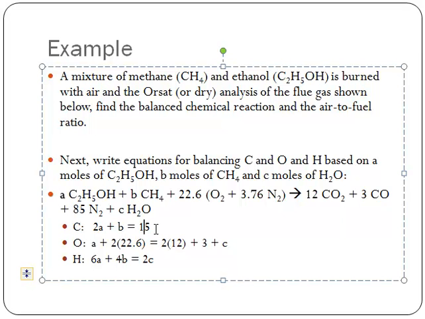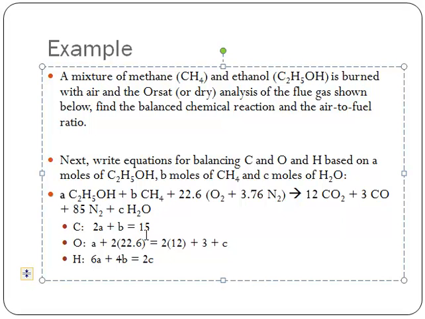So I have this as one equation. I also can balance my oxygen. I have 1 times A, 0 times B. Here oxygen appears twice, so 2 times the 22.6. On this side I have 2 times 12, and 3 times 1, and C.